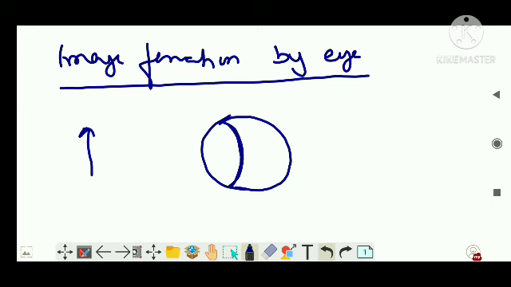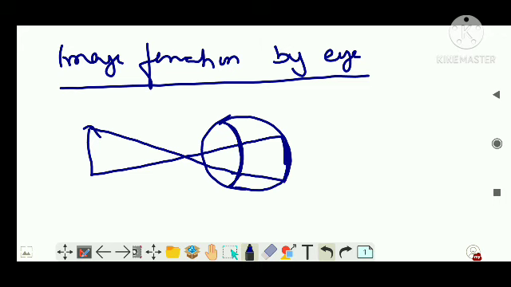So this object will send some rays over here, right? Let's say the image is formed here. Of course it is curved, but let's say the image will be in this direction, right? This is AB and this will be A dash B dash.